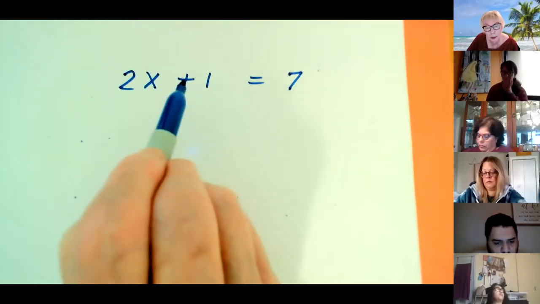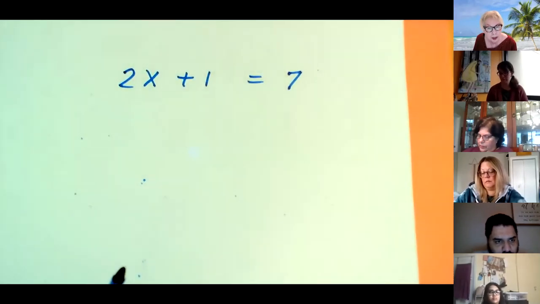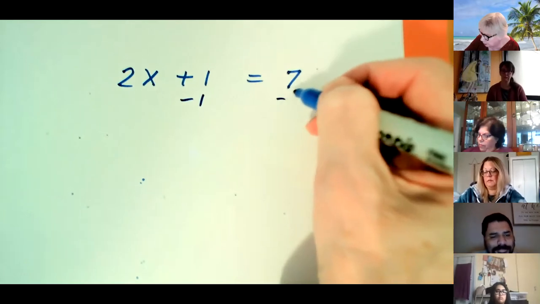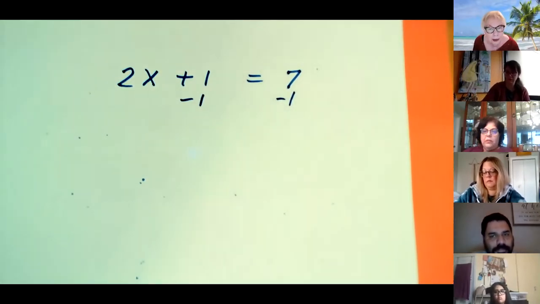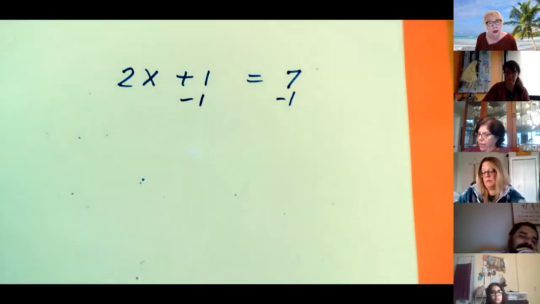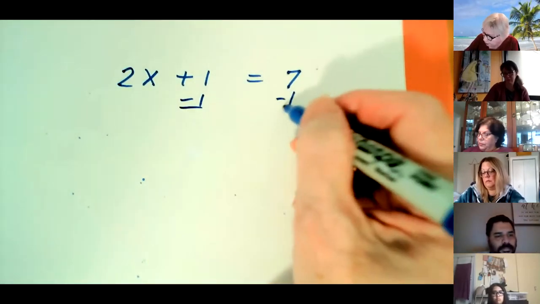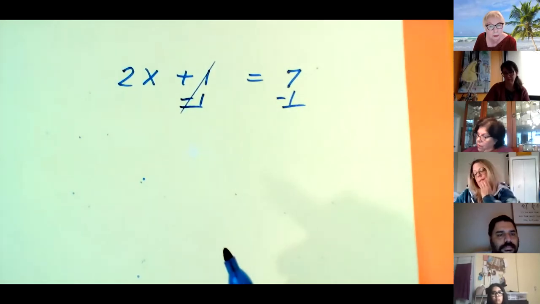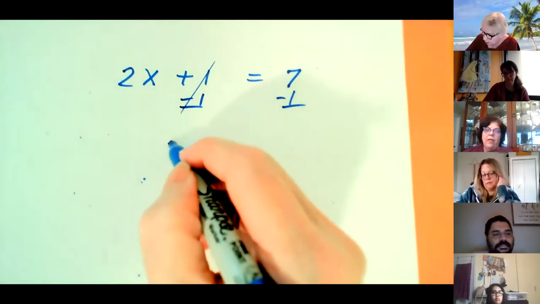So I would remove the +1 as my first step. And to remove a +1, I would subtract 1 from both sides. Do it that way, you'll be glad you did. +1 minus 1 is 0. I can take that out and I'm left with 2x.